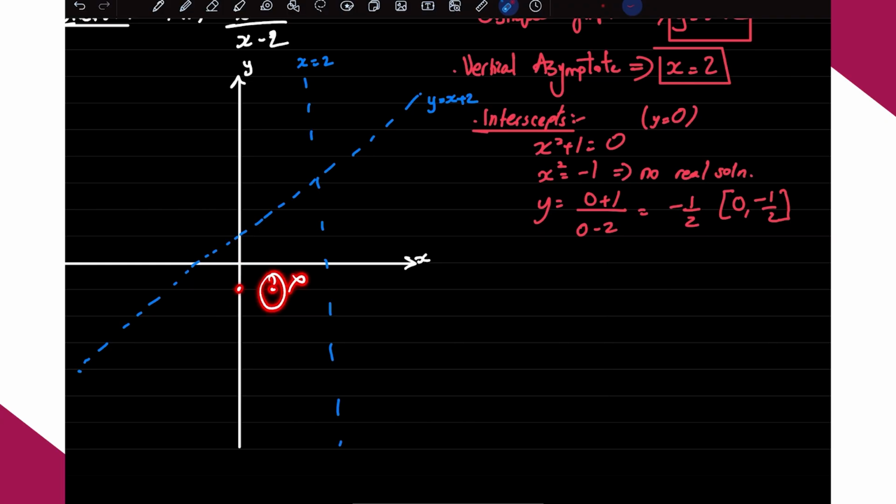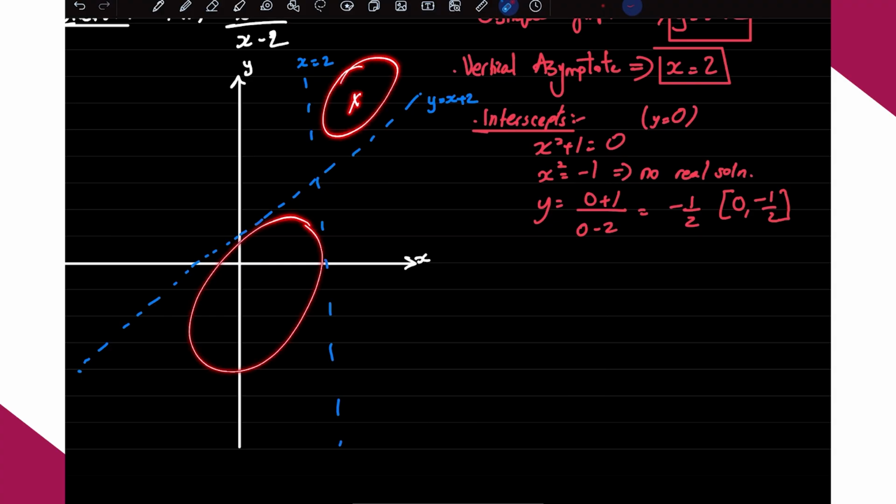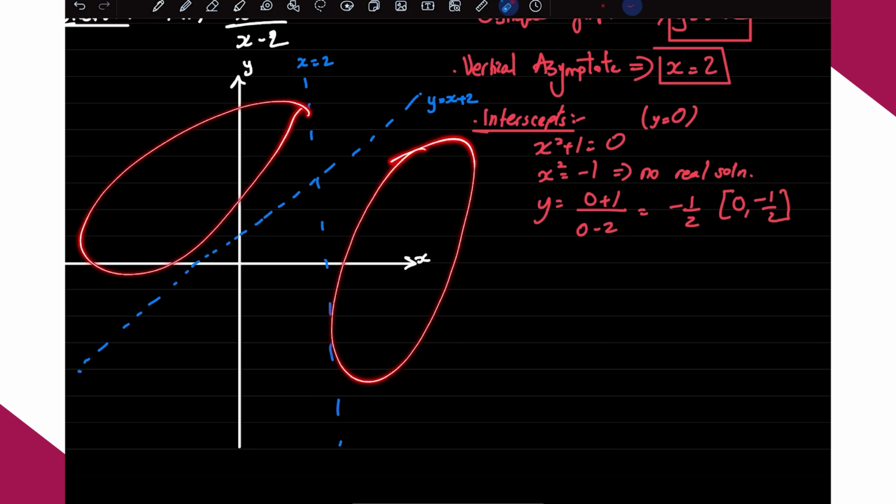I don't know why. This is the value right here. So we know that for our oblique asymptote, in this case, we only have one y-intercept and no x-intercept. So when we have oblique asymptotes, usually the curve lies between the asymptotes, which is here and here. That's the general rule, all right? It could also lie somewhere here, but we don't have any x-intercepts, so that's not possible. We don't have any y-intercepts, so that's also not possible.